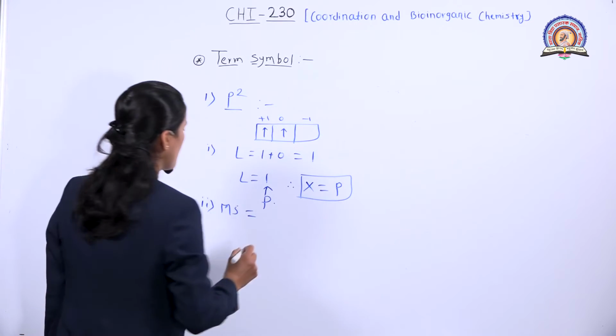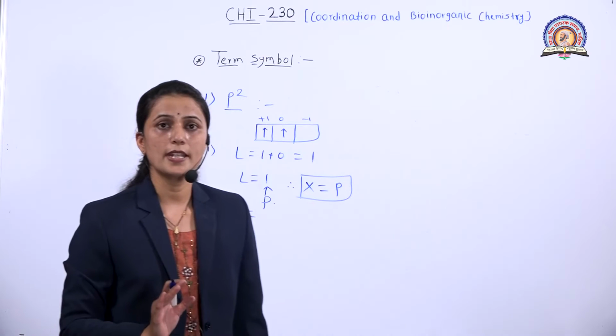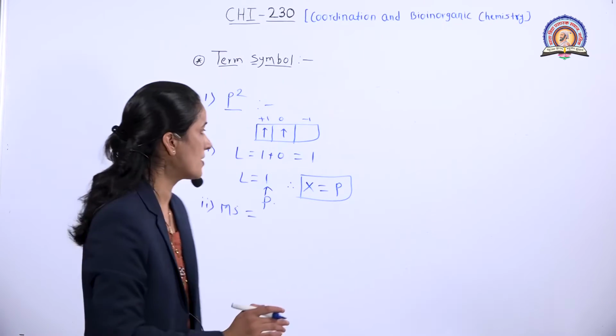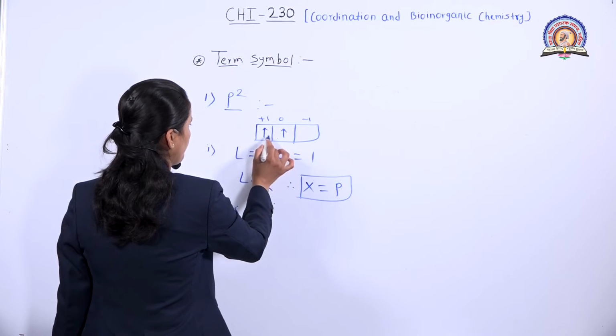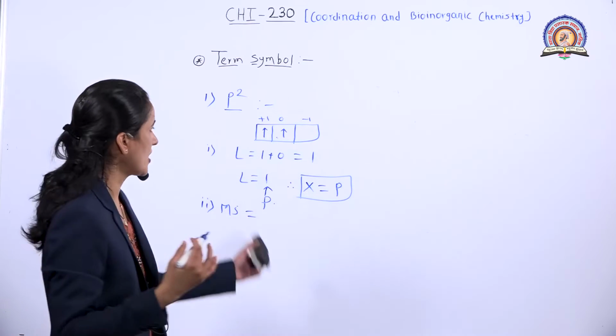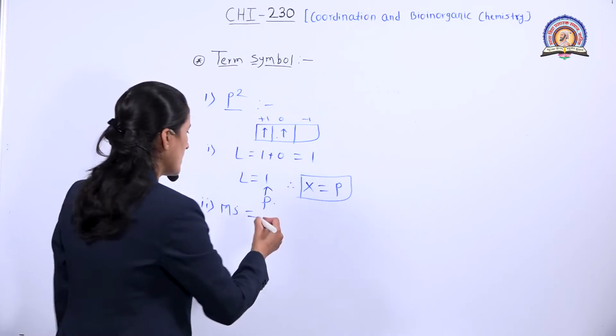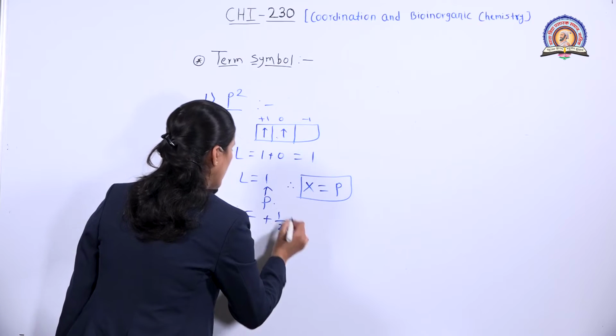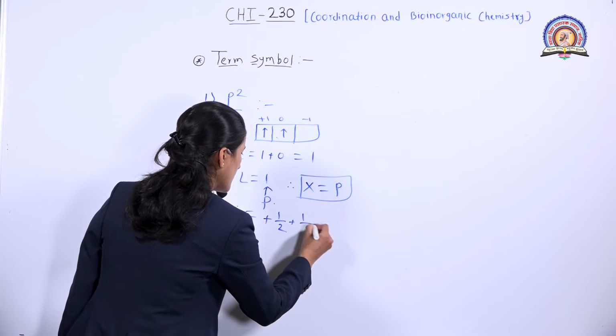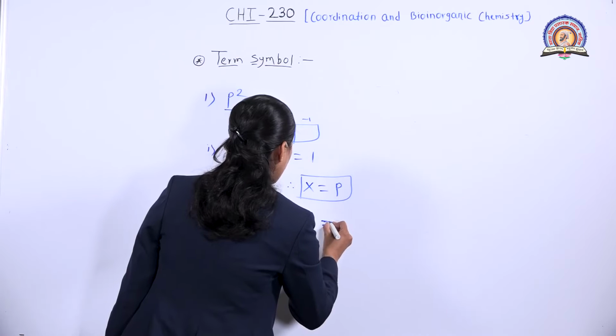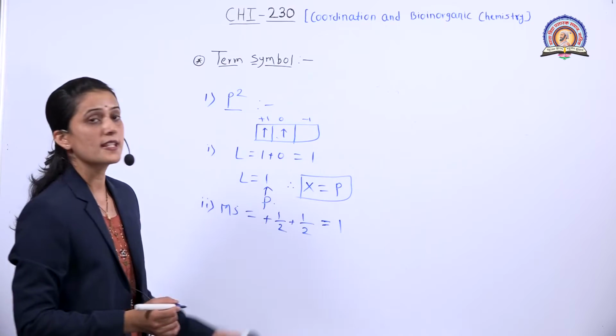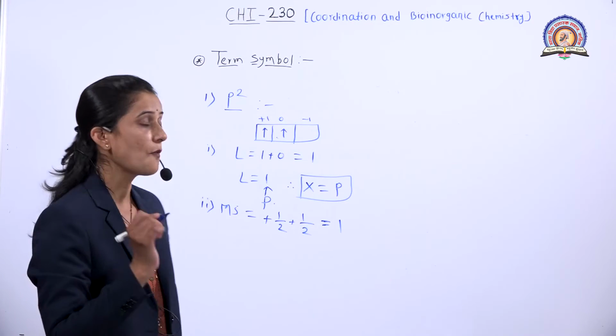Now the second step is calculation for MS value. S means spin quantum number. Here there are 2 electrons in upward direction, so obviously plus half for each one. Plus half, then plus half is equal to 1. So the S, that is spin quantum number, is 1.